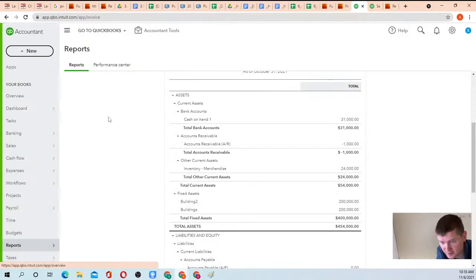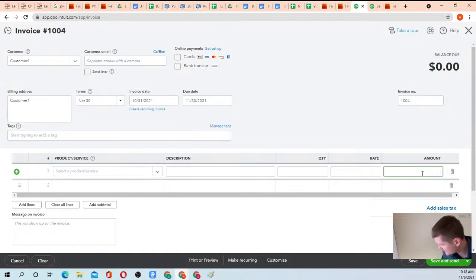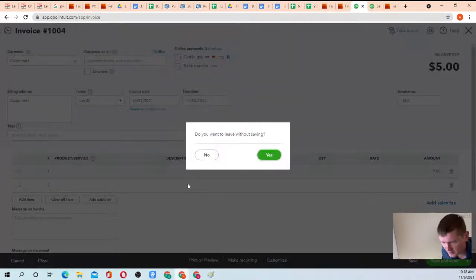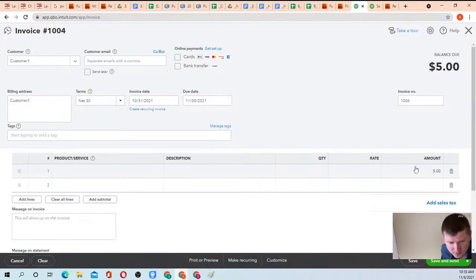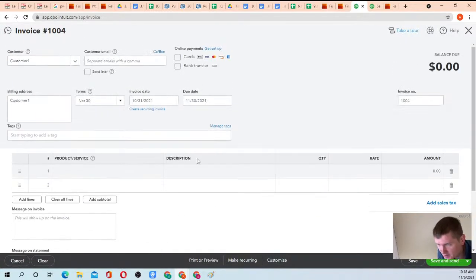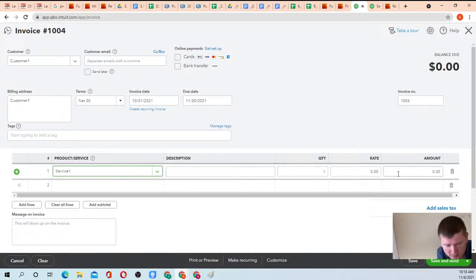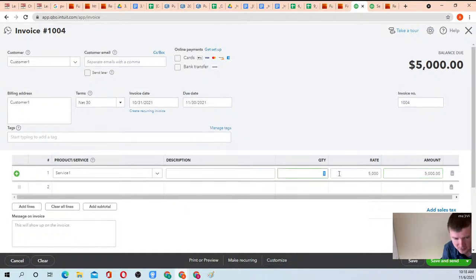We enter the customer invoice. Let's say it was customer 1, and we also sold 5,000 to that customer. Let's see if we have services. Product service 1, 5,000. It is the best practice to reflect a description here.